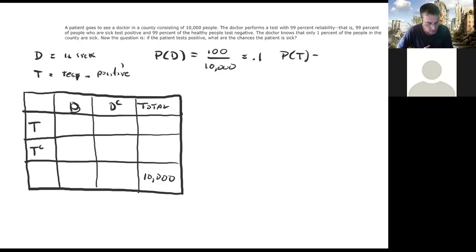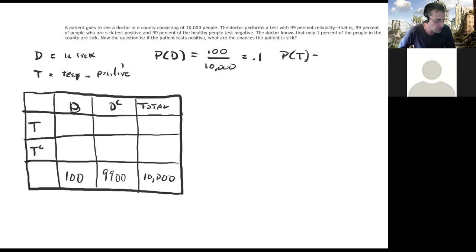We know that 100 people are sick, because that's 1% out of 10,000, and we know that the remainder are not sick, 9,900. So that we know, okay?